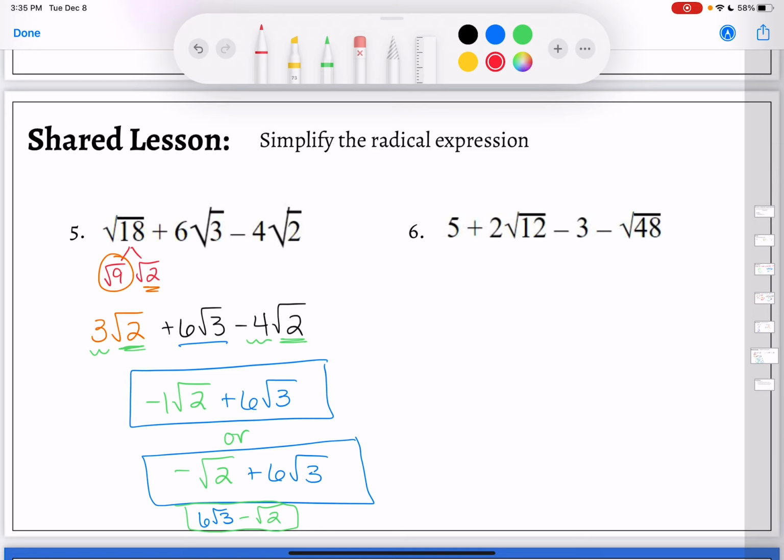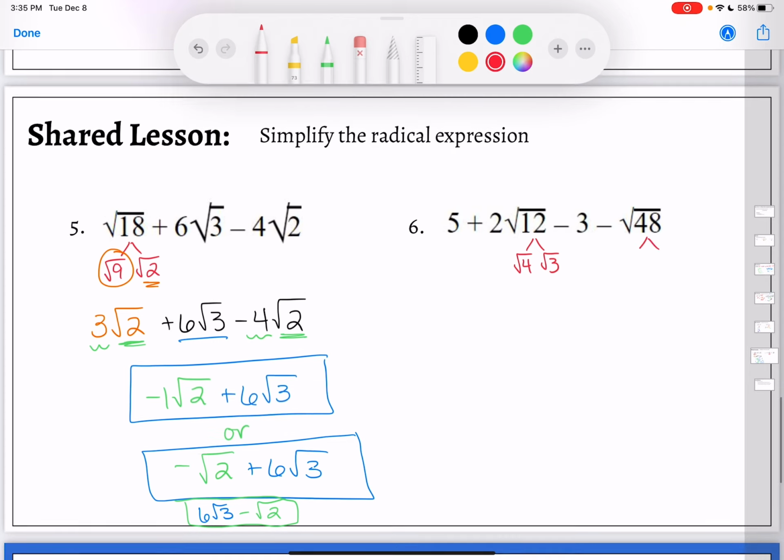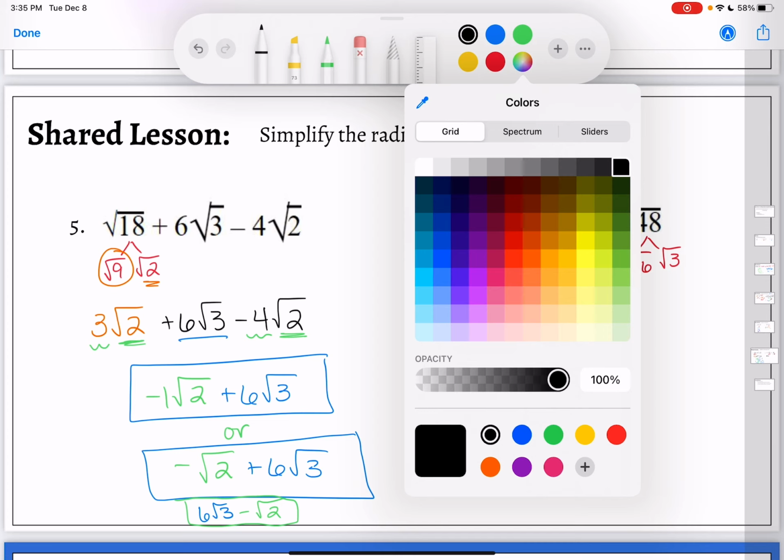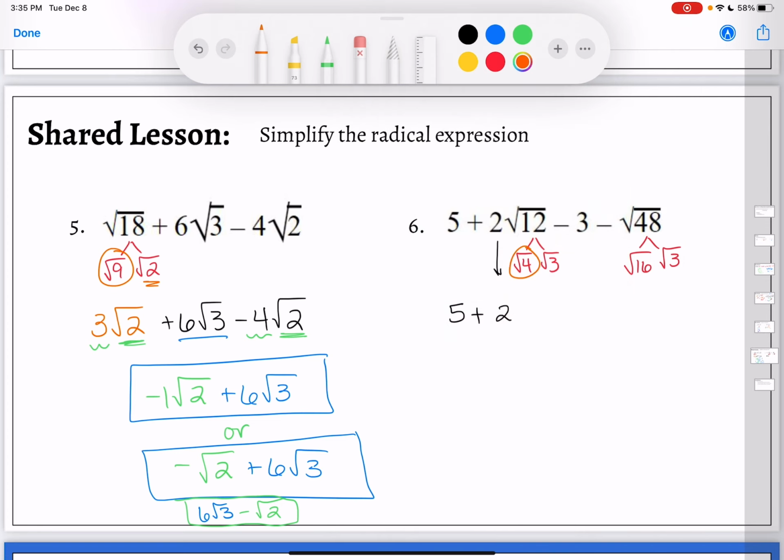Okay, so let's see. Square root of 12, definitely need to break that one down. That becomes the square root of 4 times the square root of 3. The square root of 48 you can break down. There is a long way, but the short way would be the square root of 16 times the square root of 3. All right, so bringing down the 5 plus the 2 needs to come down to the outside, but now joining it, the square root of 4 is another 2.